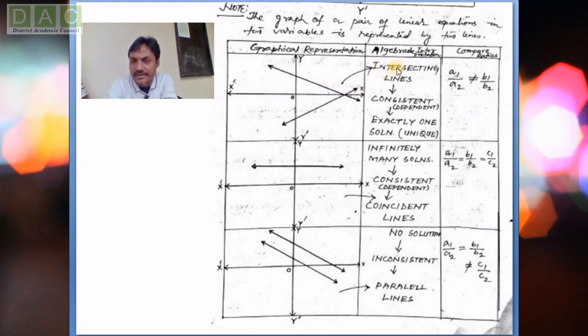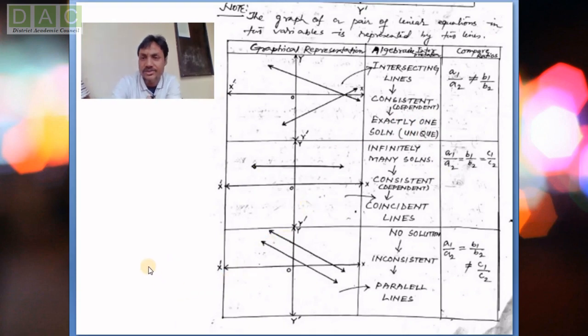Here it is also written intersecting lines. If there is an intersecting point, what type of equation is it? This system of linear equations is consistent, or you can say it is dependent. In this particular case, if there is an intersecting point, the system of equations will have exactly one solution, which is known as unique, that is 1.